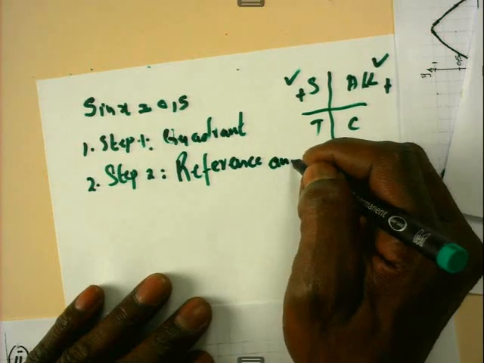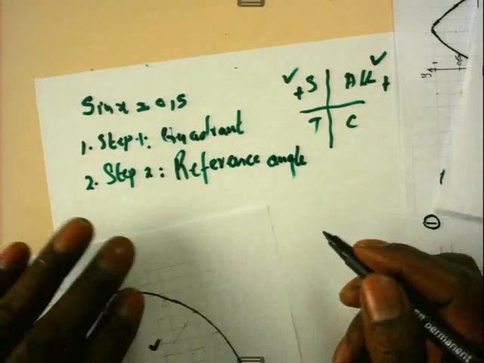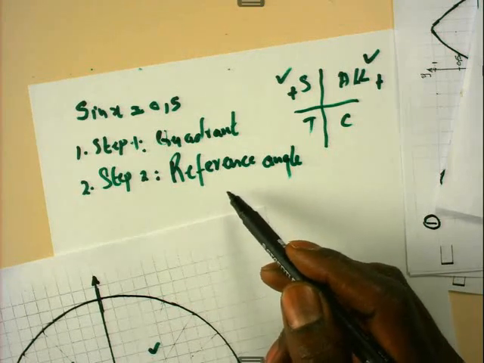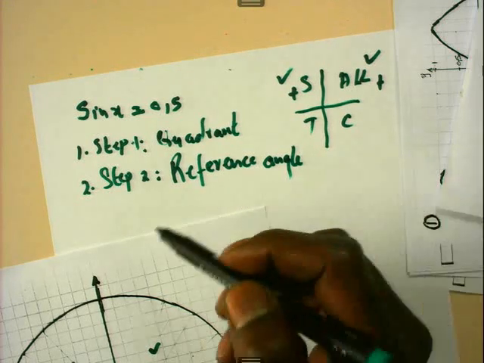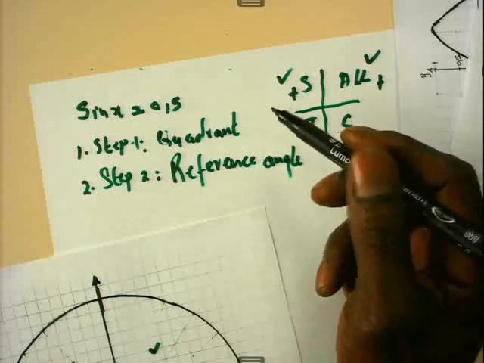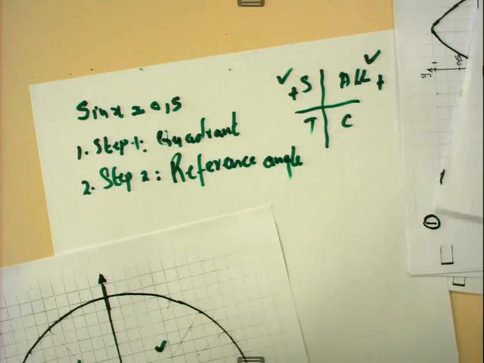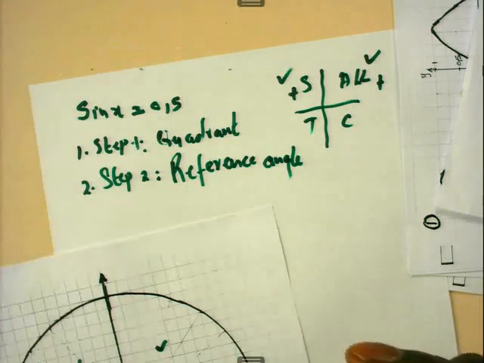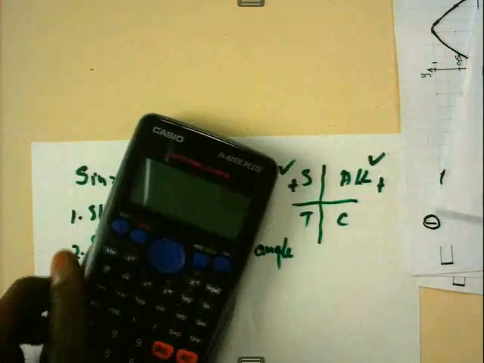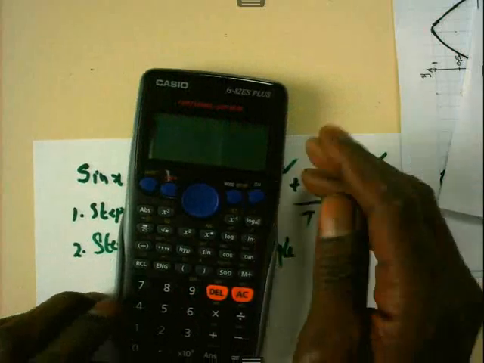The word reference means we are going to refer to this angle to generate the solution for the equation sine x is equal to 0,5. And now, how do we find the general solution? We take our calculator and we switch it on.